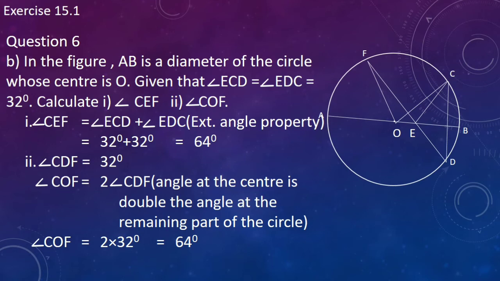The angle CEF is the exterior angle, and angle ECD and angle EDC are the opposite interior angles. Therefore, by using the exterior angle property, angle CEF is equal to the sum of angle ECD and angle EDC, that is 32 plus 32 is equal to 64 degree. Hence, angle CEF is 64 degree.